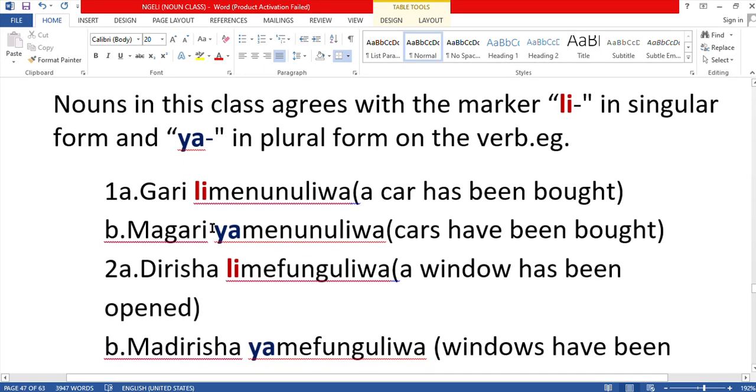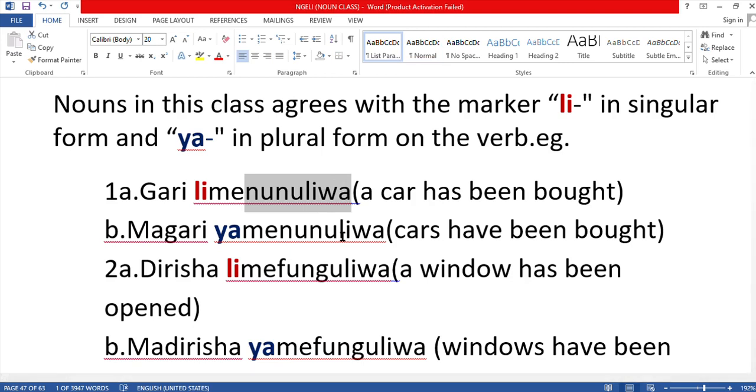Example 1: gari limenunuliwa. The verb here is nunuliwa, which means be bought. Our noun there is gari, which means car.